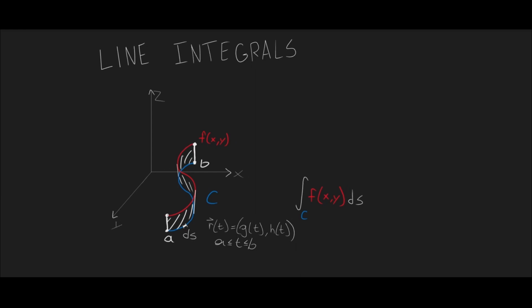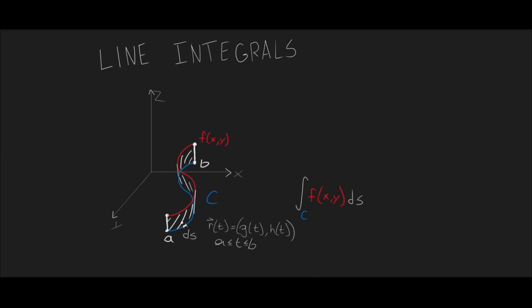The next thing we need to do is to find ds. Now, in this integral, ds is going to be a small piece of the curve. So what this integral is doing is taking the small pieces of the curve and multiplying it by f, the length. So to find ds, we're going to use r.